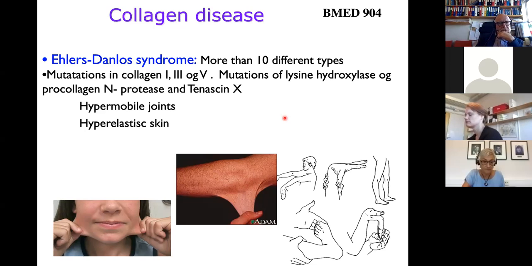One is the Ehlers-Danlos syndromes, which is now more than 10 different types where you have mutations in different collagens and different proteins that associate with collagens. Characteristic of this is that the extracellular matrix in the skin is very elastic.